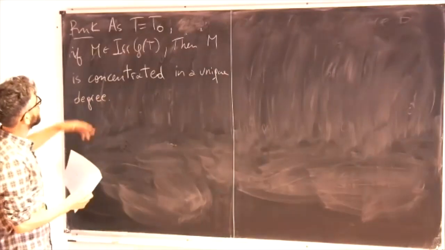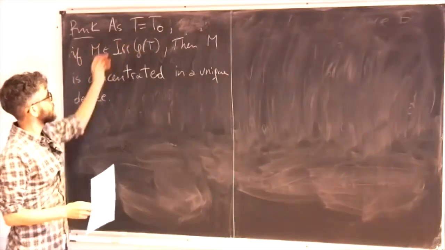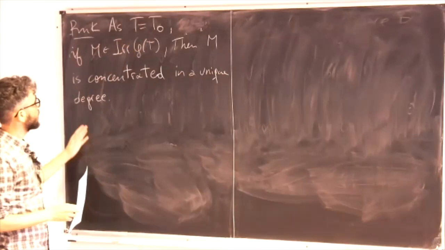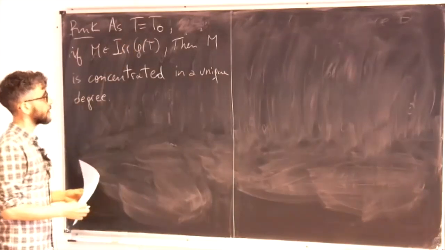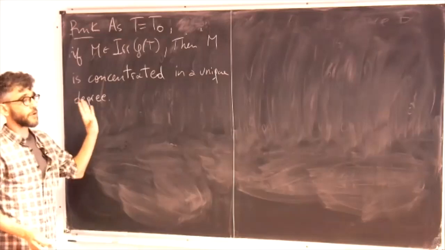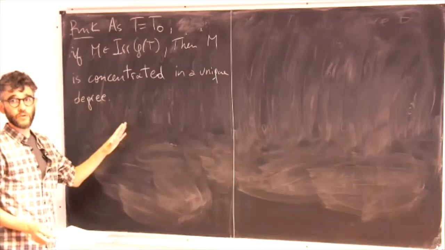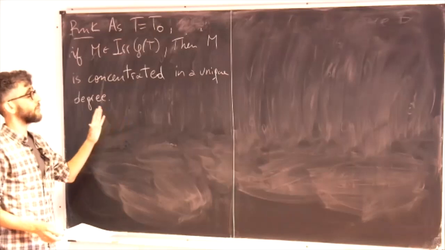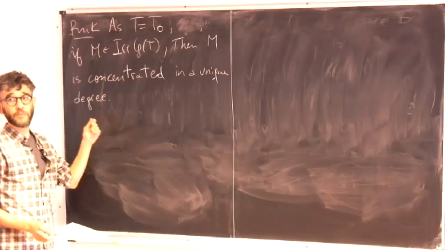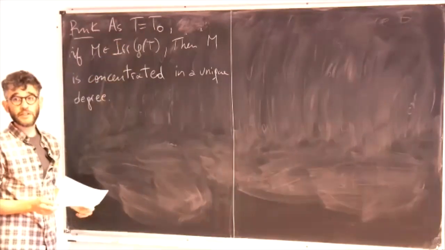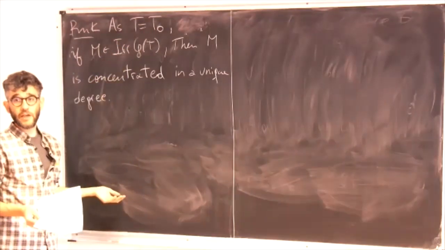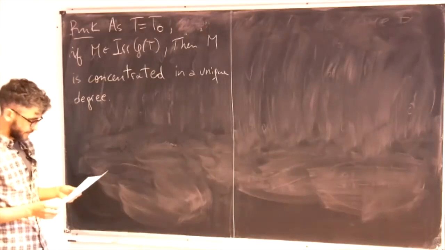That is because T is concentrated in degree 0. If it is not the case, M will be decomposed into the direct sum of two components, and each of these components will be a T submodule because it's concentrated in degree 0, and then M will not be simple.